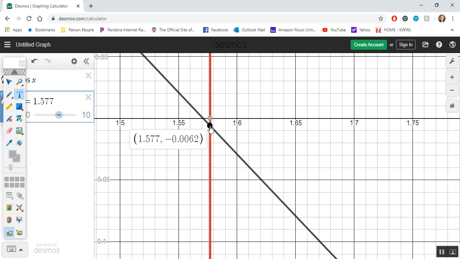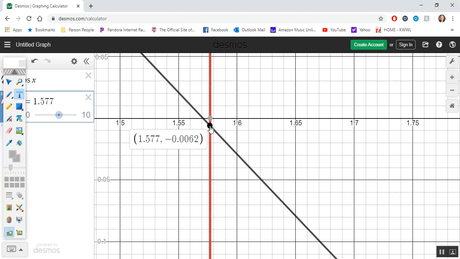Pi over 2 is approximately, we'll go one more place on that. Pi divided by 2 is 1.57, it's actually 1.571. You okay with that? Okay, so here's what we're doing. We're just looking for the slope between 2 points there at pi over 2.